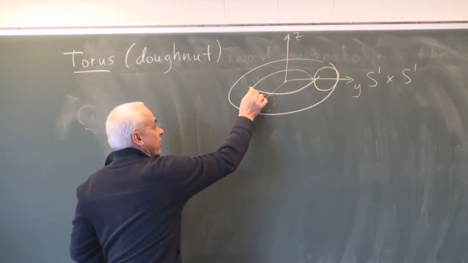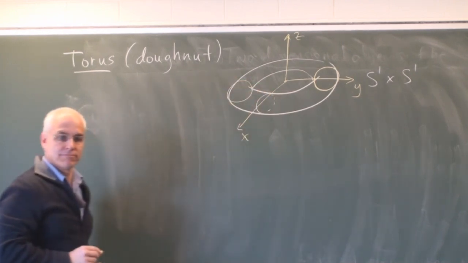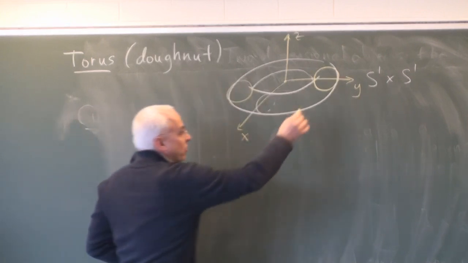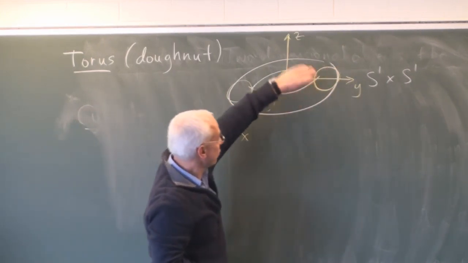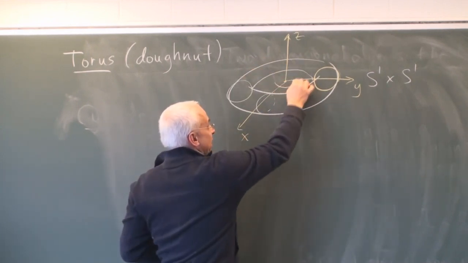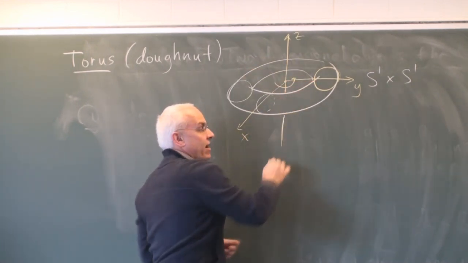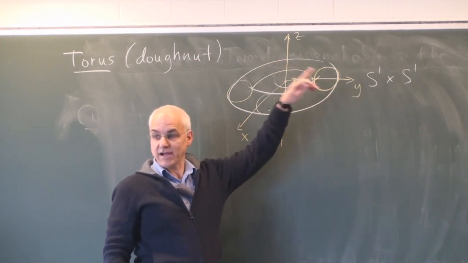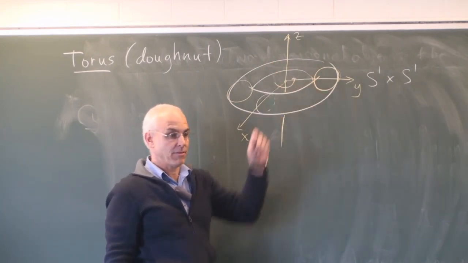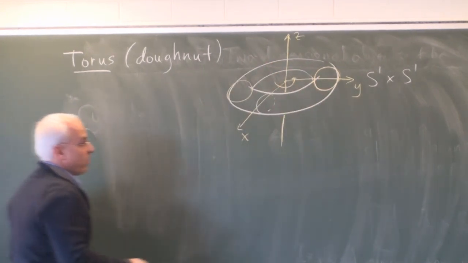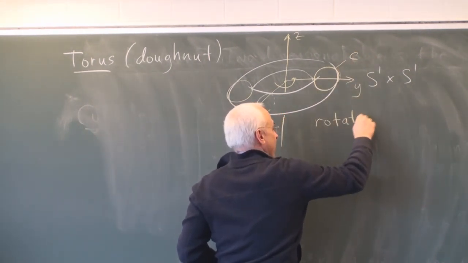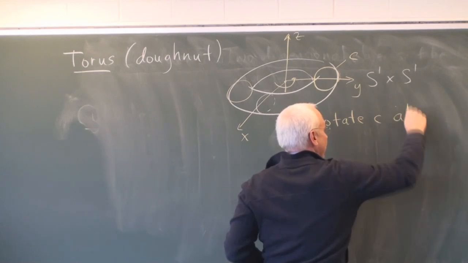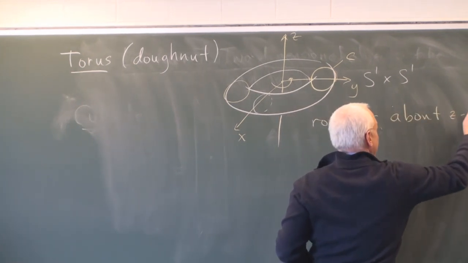In fact, there'd be another circle on this side as well. So that's one natural parameter, a natural parameter along this circle. And then the whole torus can be thought of as sweeping or rotating this circle around the z-axis. So it's obtained by taking the circle C and rotating C about the z-axis.